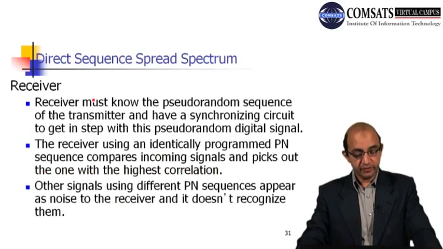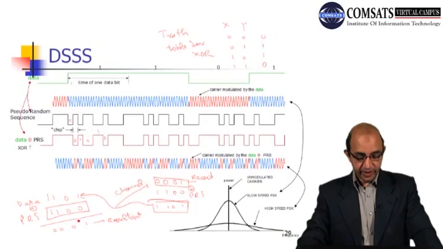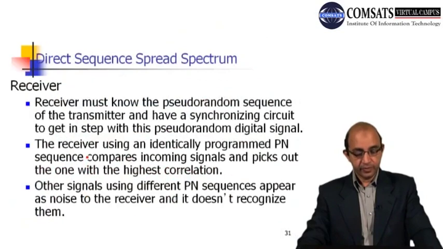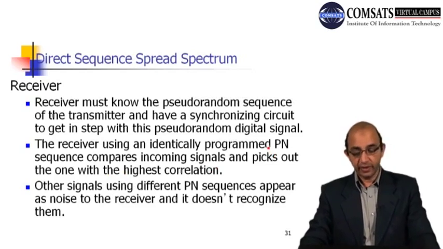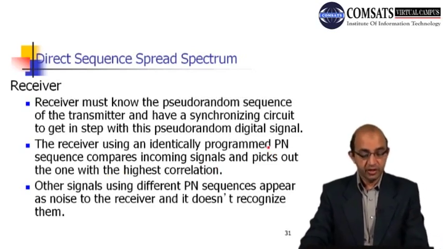If we talk about the receiver, as I have mentioned here, if we know the pseudo random sequence, then we are able to retrieve the data. The receiver must know the pseudo random sequence of the transmitter and have a synchronization circuitry to get in step with this pseudo random digital signal.